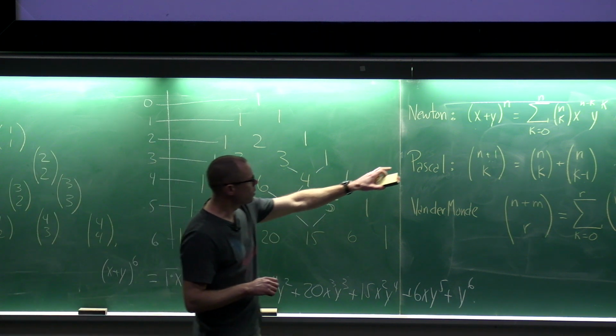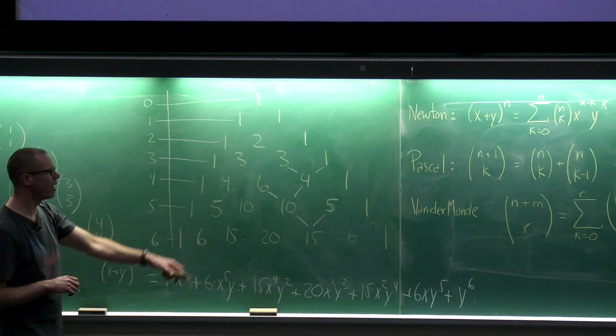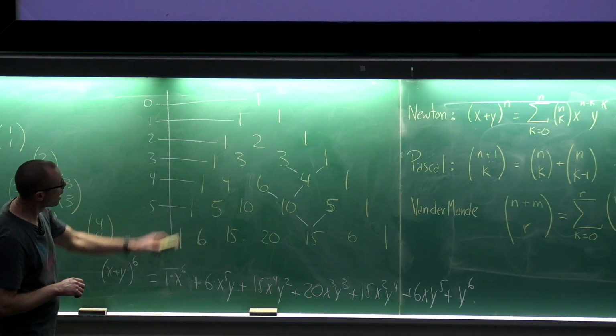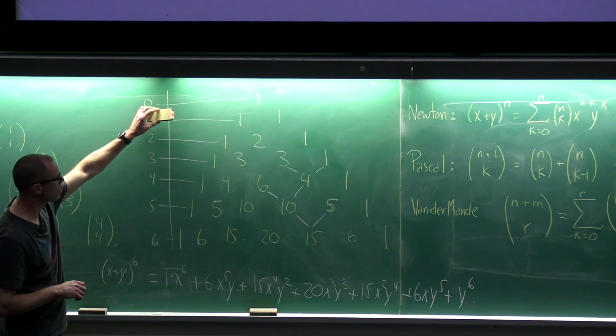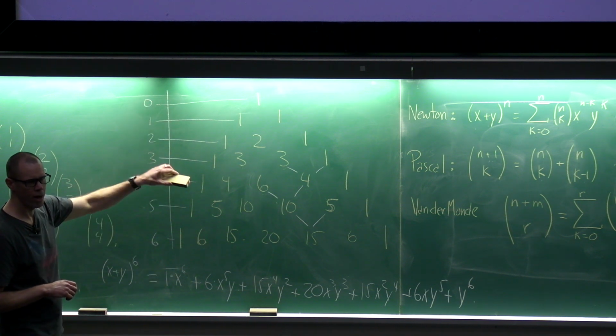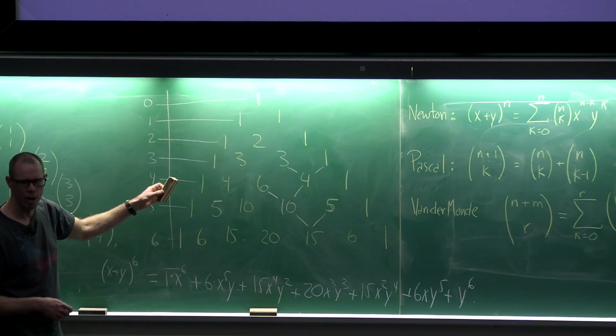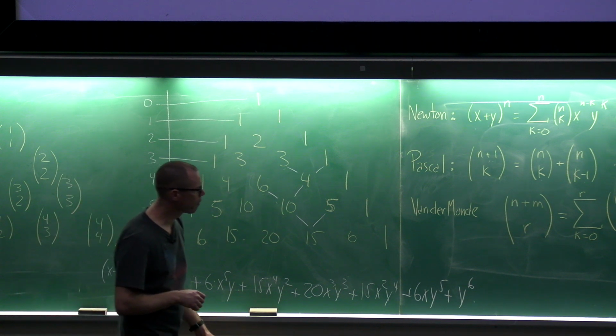So this one is easy to remember if you have this picture in your head at all, because that's how you use Pascal's little theorem to draw this thing. I don't memorize the entries in this thing. I just draw one row at a time and get the next row by looking up at the previous row.